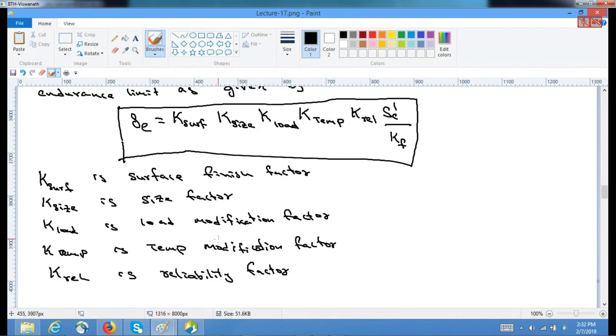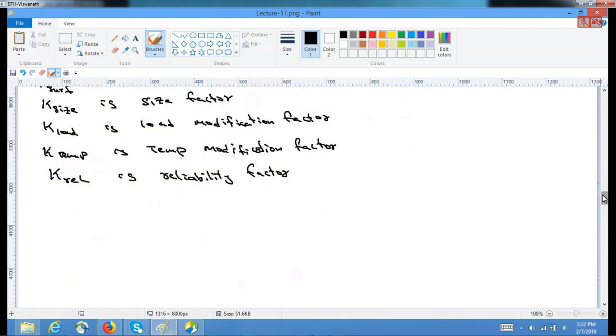Now, how are all these factors determined? That is one of the prime questions.